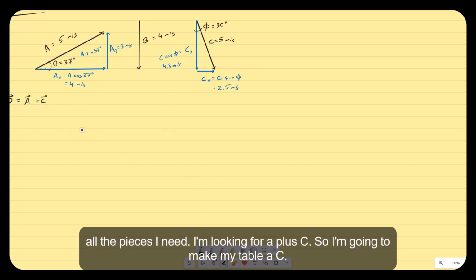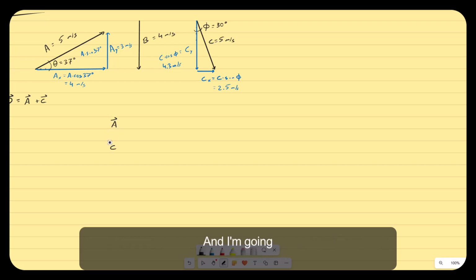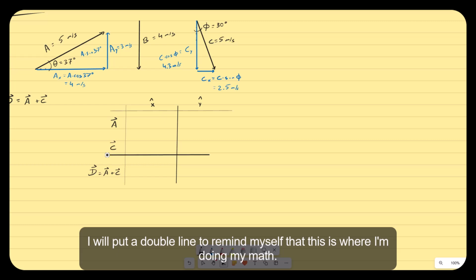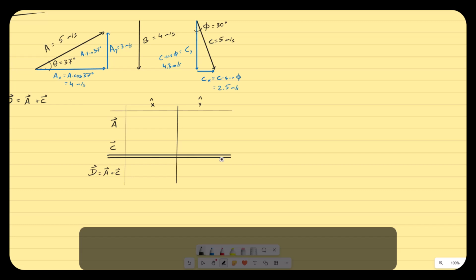I'm looking for A plus C, so I'm going to make my table A, C, and I'm going to say vector D is A plus C. Here's my X and Y, and there is my table. Over here I will put a double line to remind myself that this is where I am doing my math.